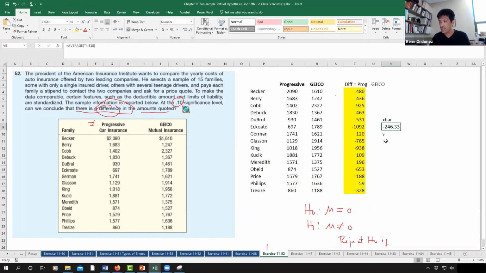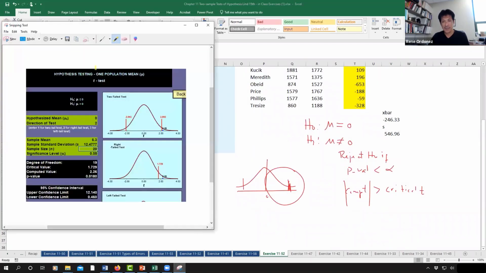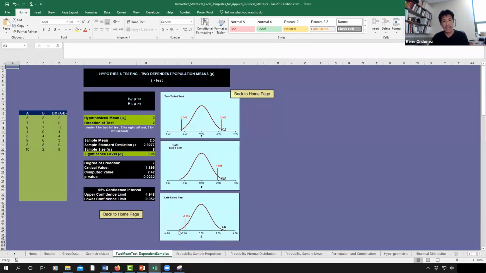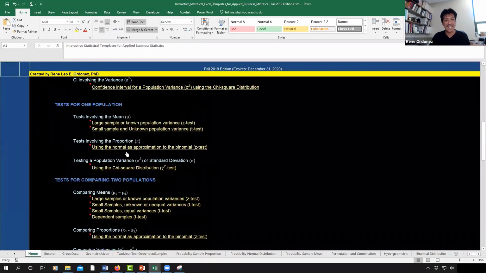All right, actually there's a decimal there. And then S, the standard deviation of that group. So I'm just going to copy that and go back to the one sample t-test.